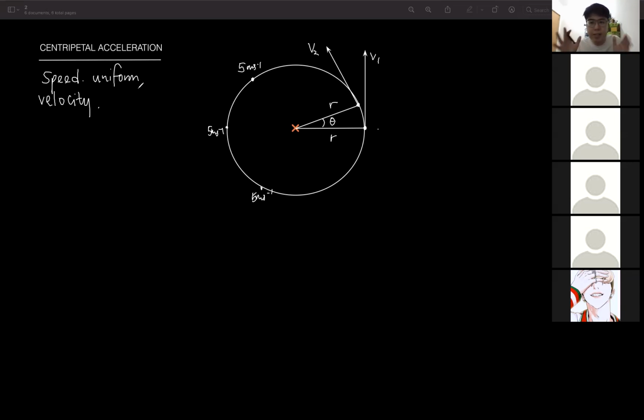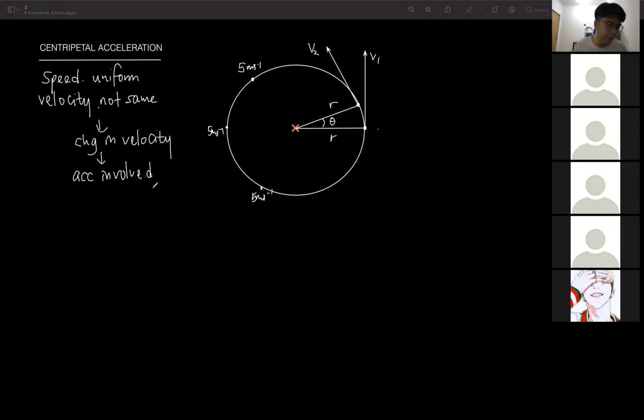Now, if the velocity is not the same, it means that there is a change in velocity. When the particle moves from this point to this point, it changes velocity because of the direction. So if there is a change in velocity, then acceleration has to be involved.